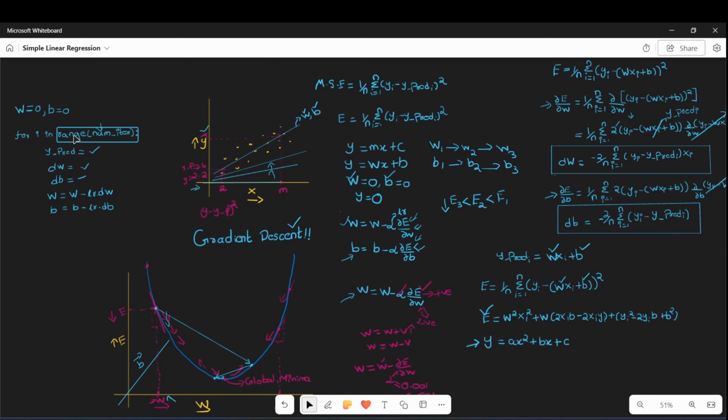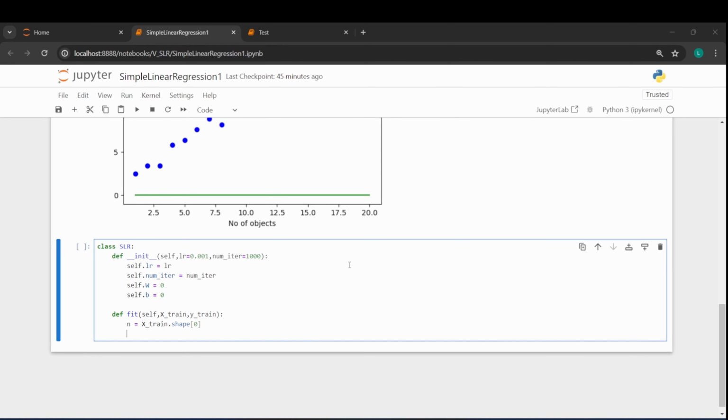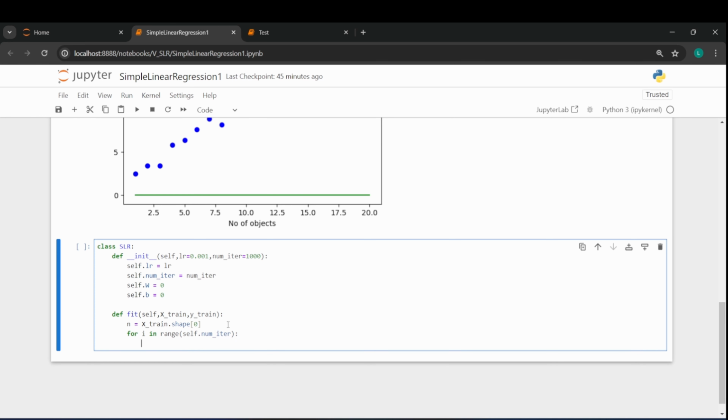And then we know the drill now. We need to repeat the process for the number of iterations times, and in each iteration we need to first calculate the ypred value, dw value, db value, and then update the w and b values. So let's just do that. So for i in range of self.number_of_iterations, first we need to calculate the ypred value.